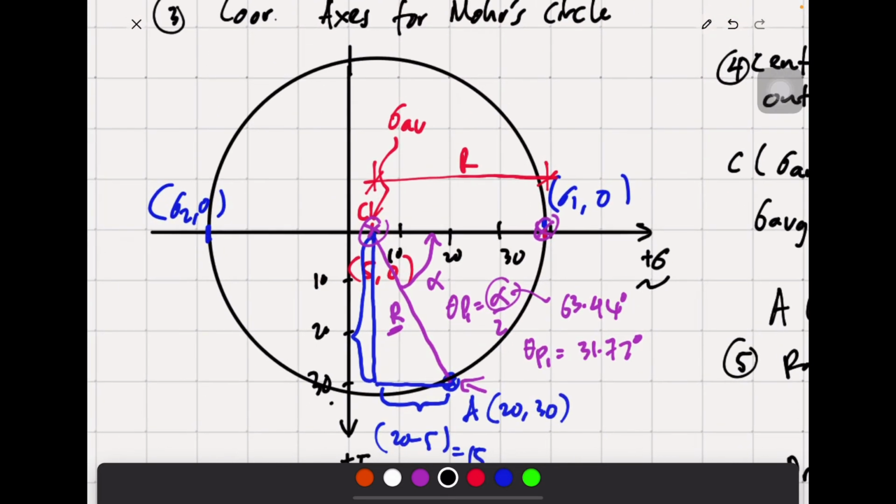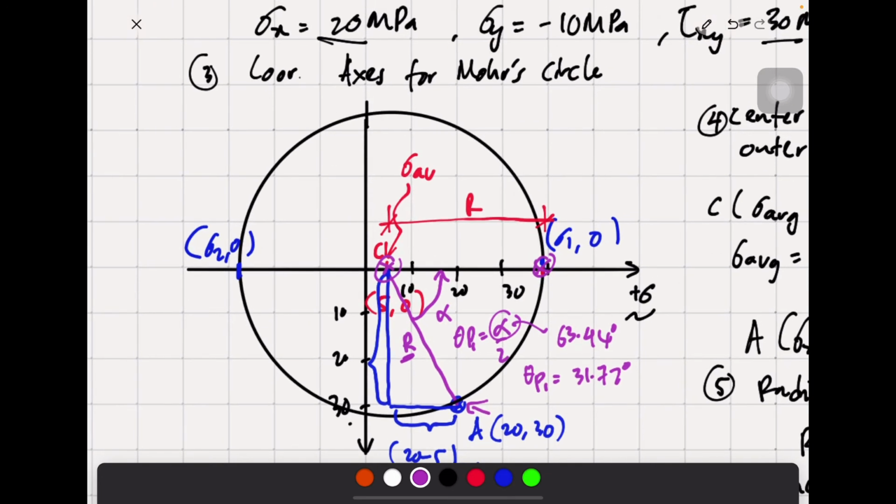In the Mohr circle, where does that angle come from? It comes from the angle I'm going to denote by a double line for point A, which has a value of 243.44 degrees, the summation of 180 degrees plus 63.44.